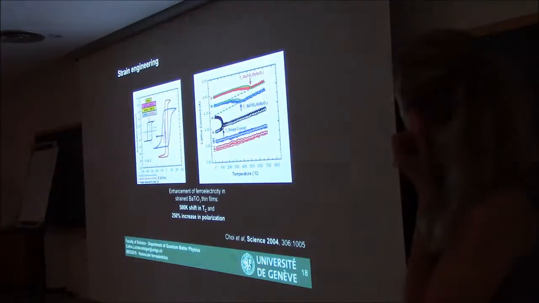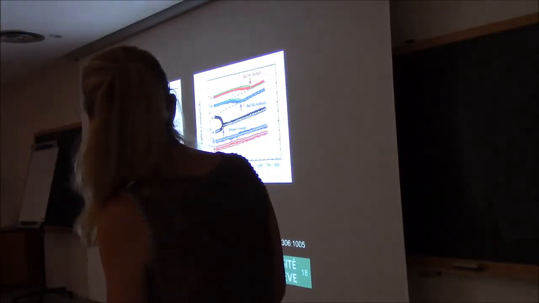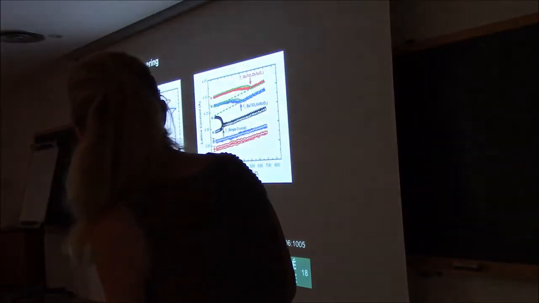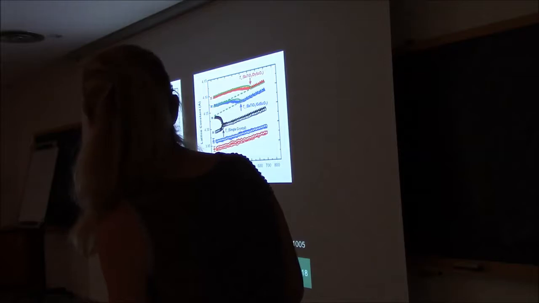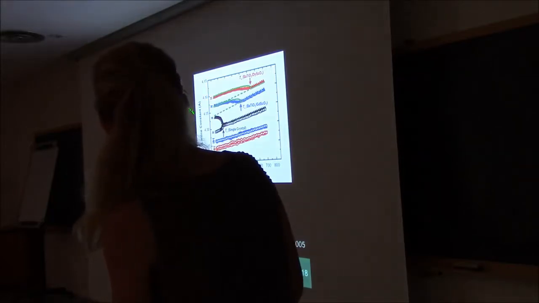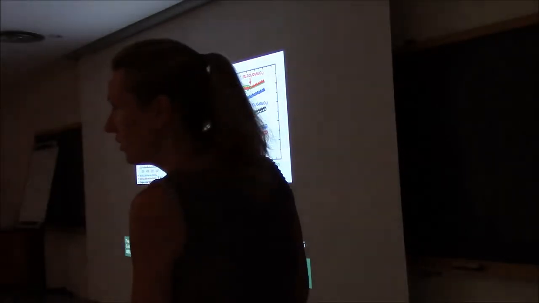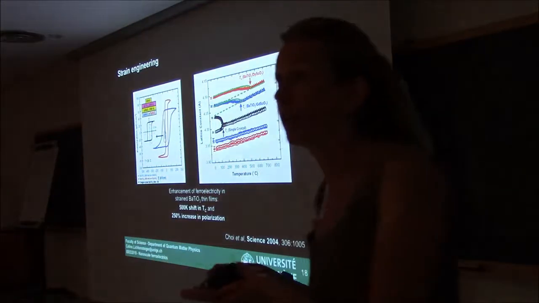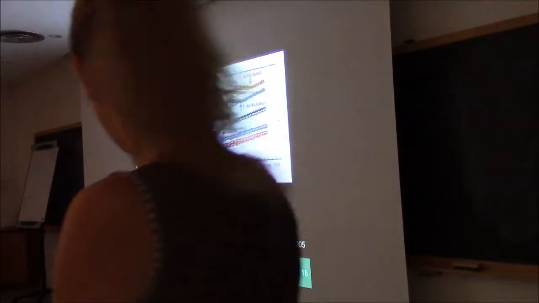And here are some very nice measurements for barium titanate between strontium ruthenate electrodes on different kinds of substrates, so gadolinium scandate or dysprosium scandate. You see that the P-loop is different with different saturation of the polarization. So you see directly the effect of the strain on the polarization.